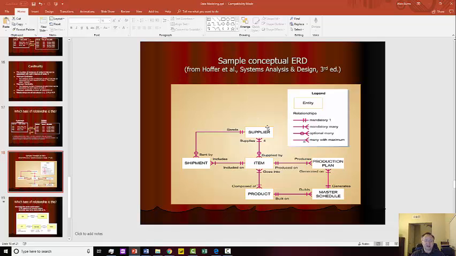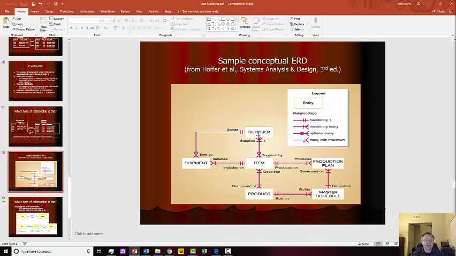Now let's look at a slightly different one. One supplier supplies 0 to many items. So if these are the items that we sell, one supplier may supply a whole bunch of them. And an item can be supplied by 1 to many suppliers.